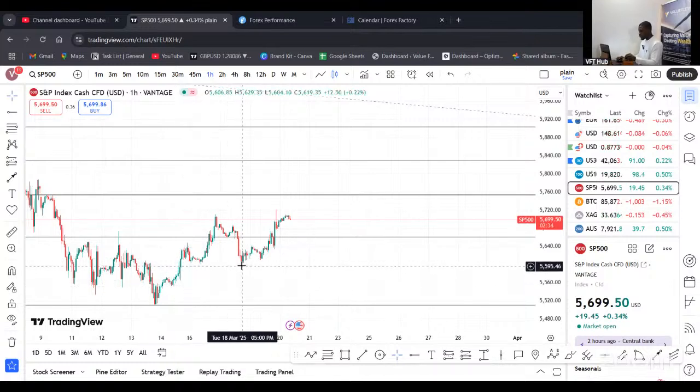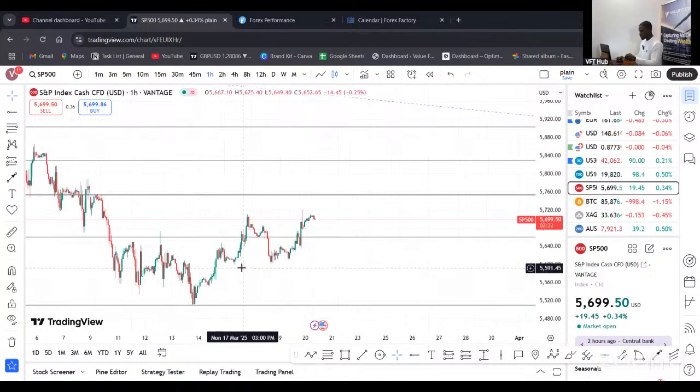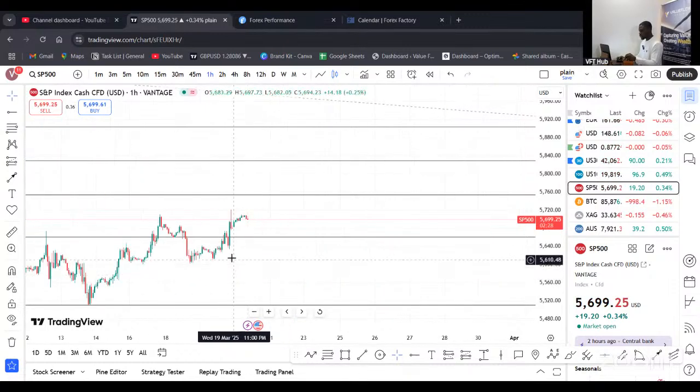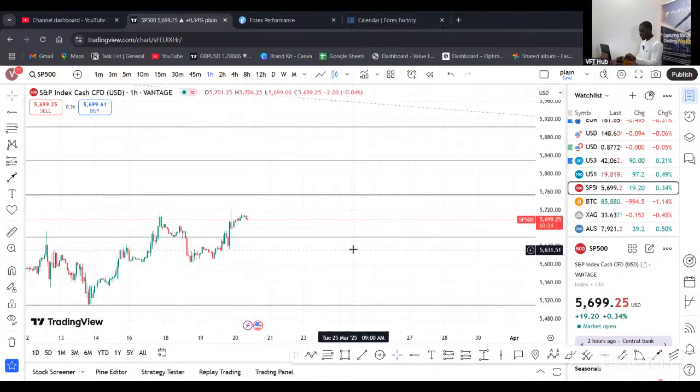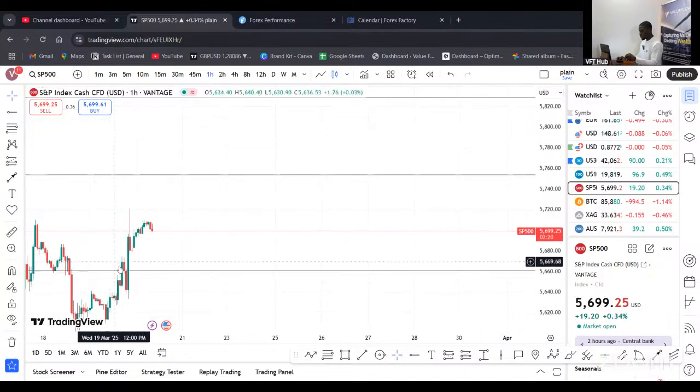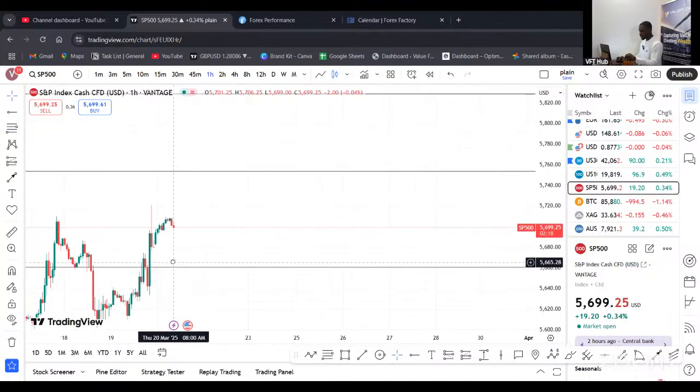So for this morning, what will I be expecting price to do? From myself, there's no way to enter this market again except if you want to scalp in and out. Probably you want to enter from this fair value gap, meaning this order block, which looks like an order block and breaker block combined, and then 50% of this fair value gap.